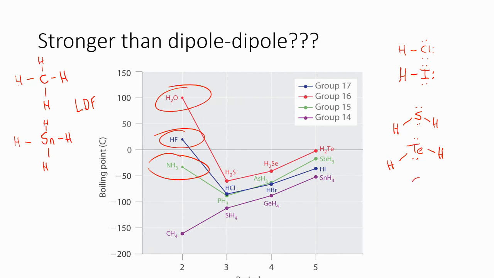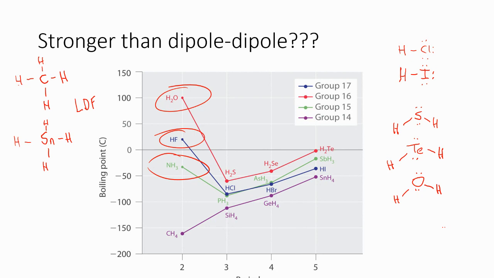Water is also bent, just like H2S and H2Te. So it's polar, it has dipole-dipole forces, and it has London dispersion forces. In fact, its London dispersion forces are weaker than H2S and weaker than H2Te.